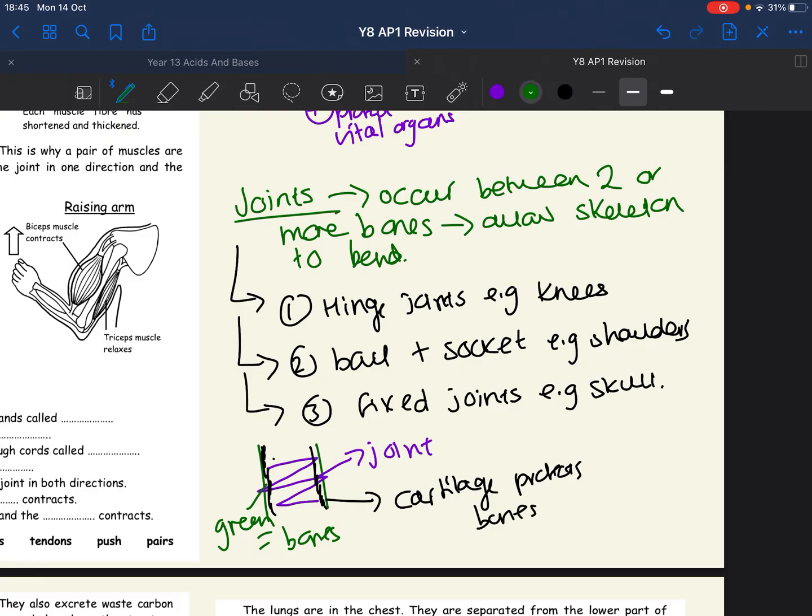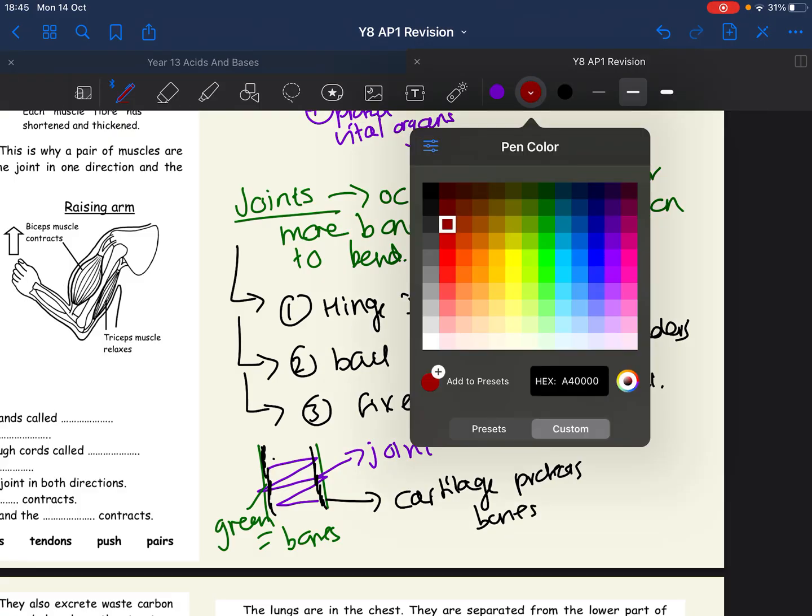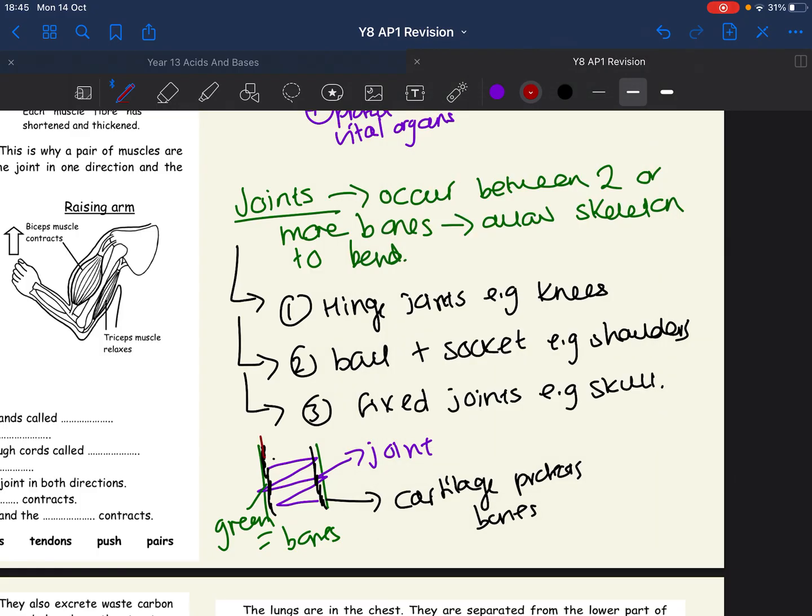But what's holding these 2 bones together? What holds 2 bones together is called tendons. Not tendons, sorry, I mean ligaments. So holding 2 bones together is called ligaments.